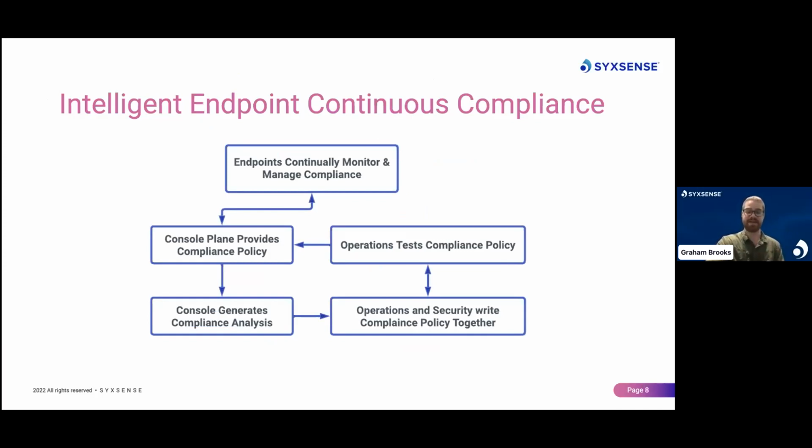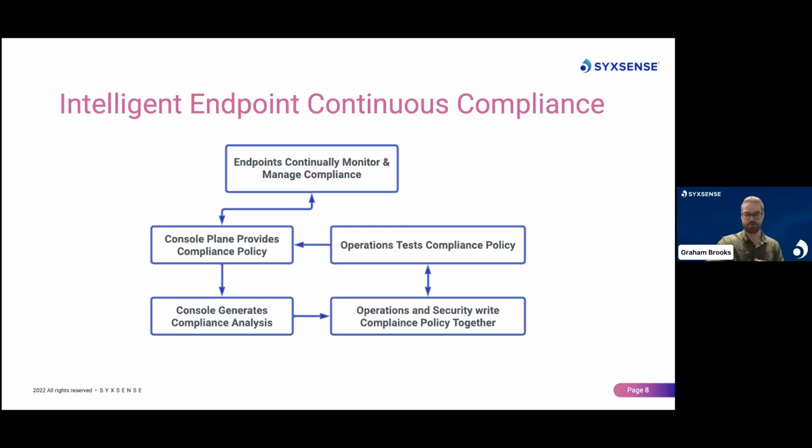This process is not a monthly project, but rather a daily compliance standard. The process starts with the intelligent endpoint solution monitoring and managing its own state. As enforcement issues arise, security metrics are reported to the control plane hosted both on-prem and in the cloud.